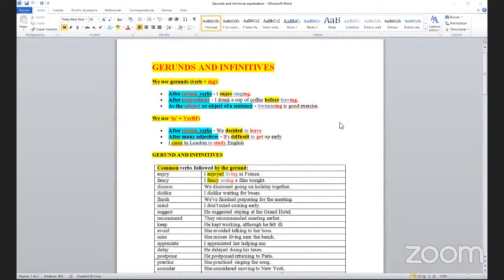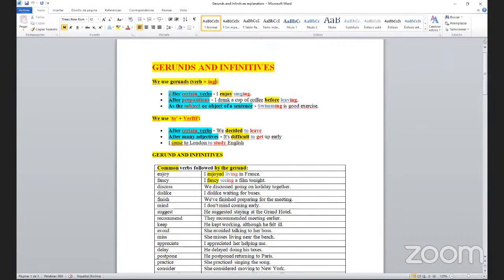In this case, I don't know if I send you this. This is like another list of common verbs that works with infinitives and gerunds, right? So we're gonna have like a review of these two ones. When we talk about gerunds, we have to remember that the structure for a gerund is the verb plus ing, right?